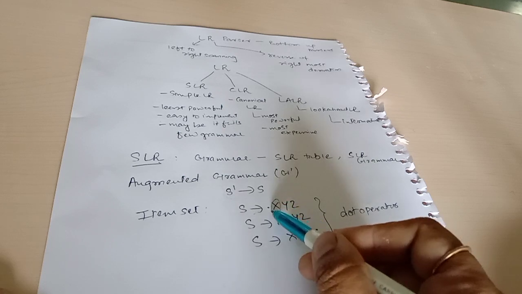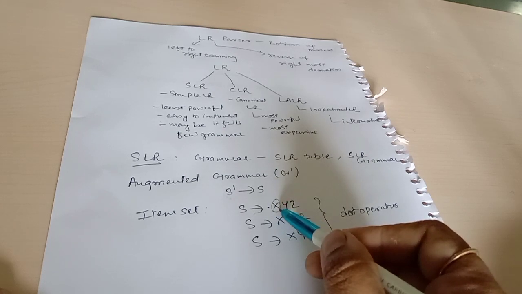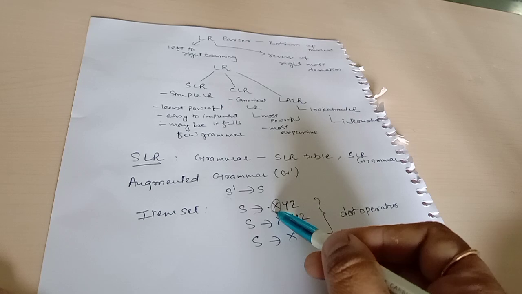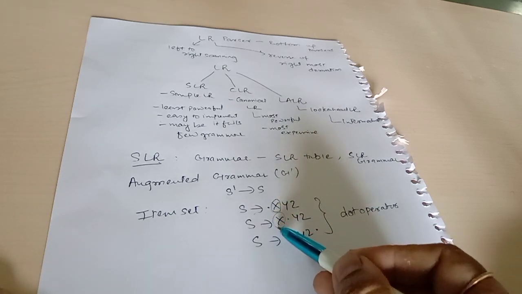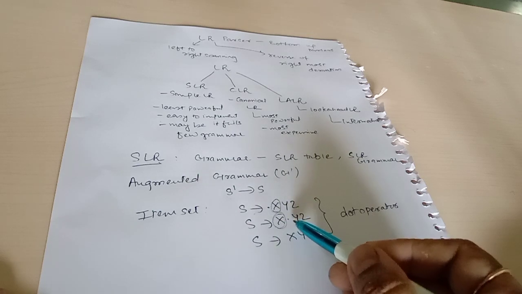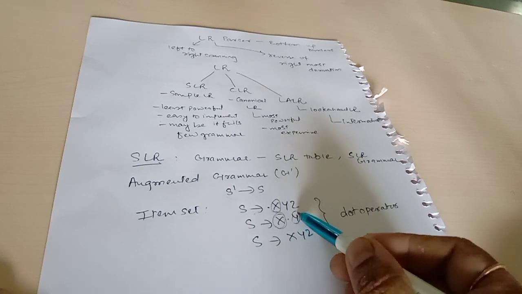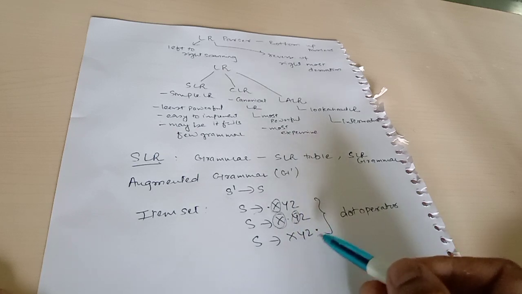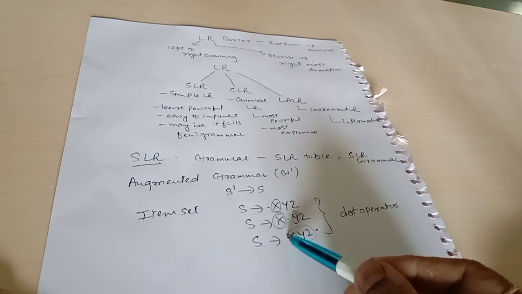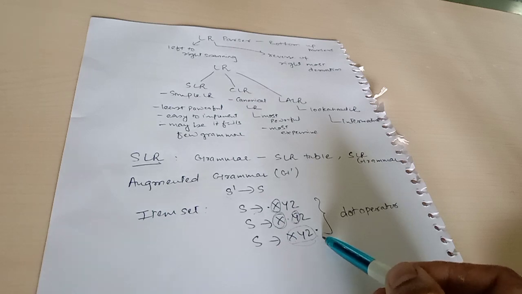Dot x means now we are deriving a string from the non-terminal x. x dot means x is read by the parser, and now the parser is looking for the next non-terminal y. If it is xyz dot, it means that the string from this xyz is already covered. So this is about the item set.